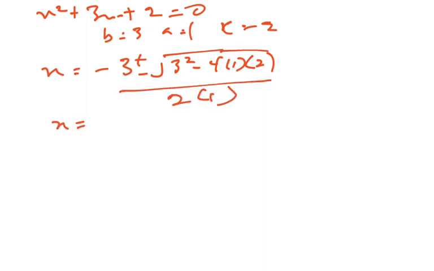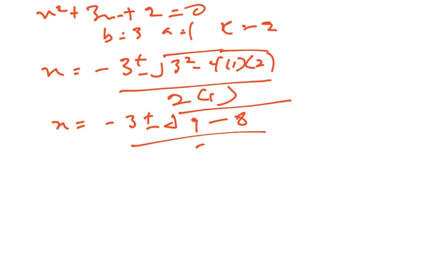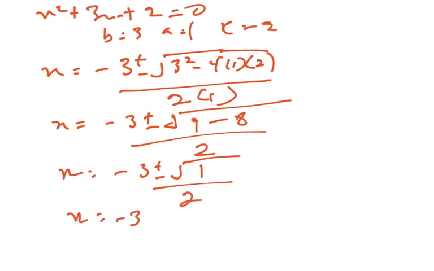Now we are going to have x equal to negative 3 plus or minus the square root of 9 minus 8, over 2, so x is equal to negative 3 plus or minus 1 over 2.